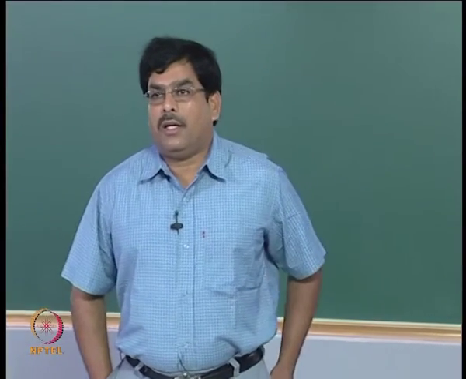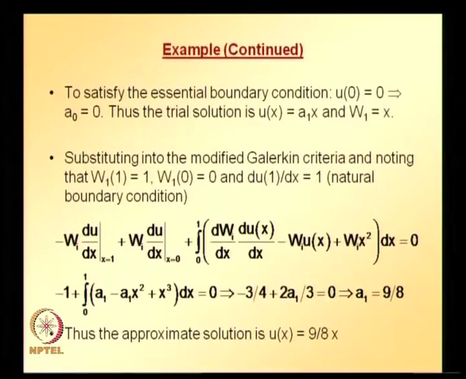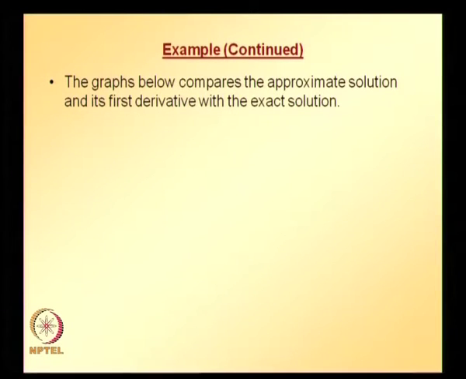So approximate solution for this problem is U(x) is equal to A1 value, which is 9/8 times x. And now we see how approximate solution matches with exact solution by plotting the exact solution versus approximate solution.